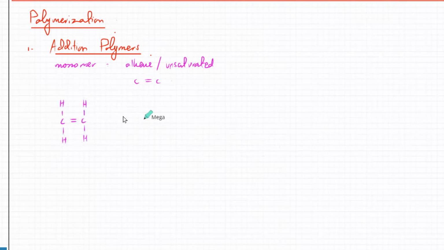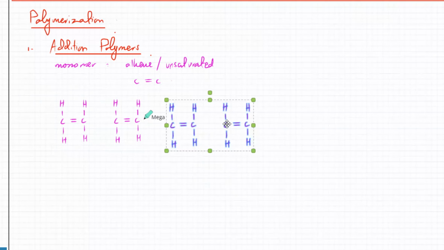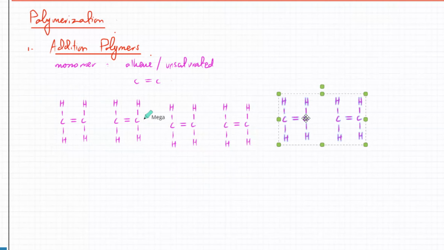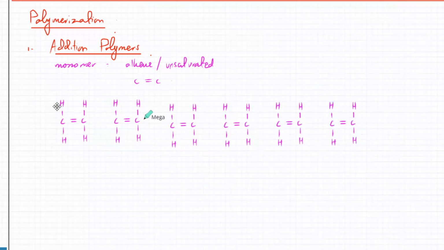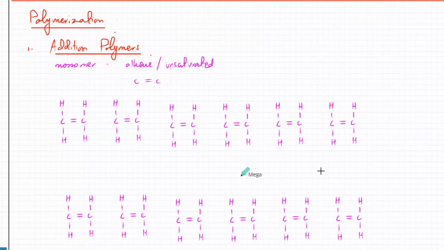So if you have an ethene molecule, and let's say you have lots of ethene molecules, and let's say there are two more. What will eventually happen is that these ethene molecules would all just join up. The double bonds in the middle would go away, and the double bonds would turn into single bonds.